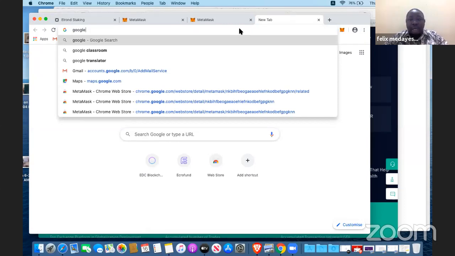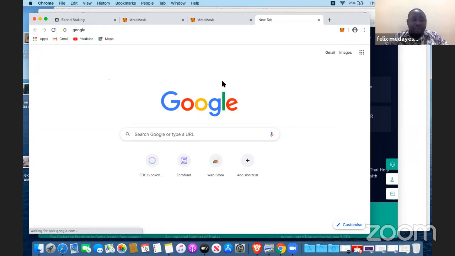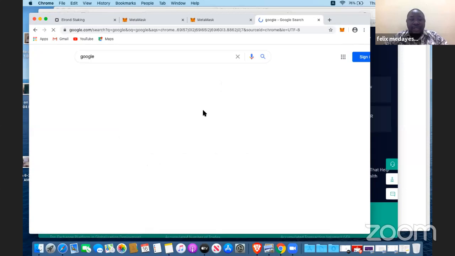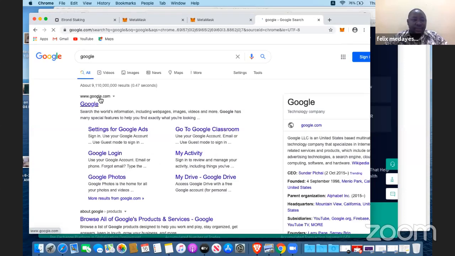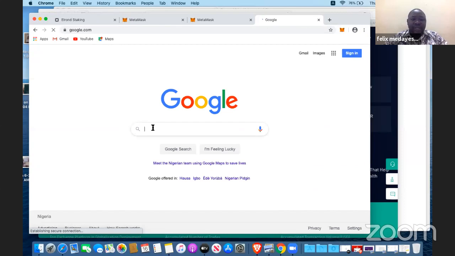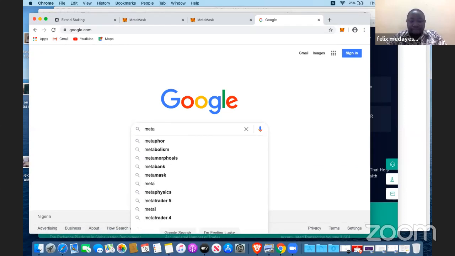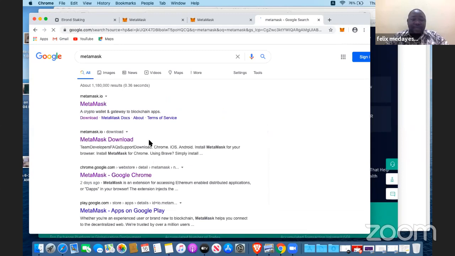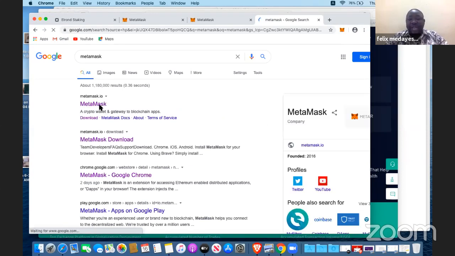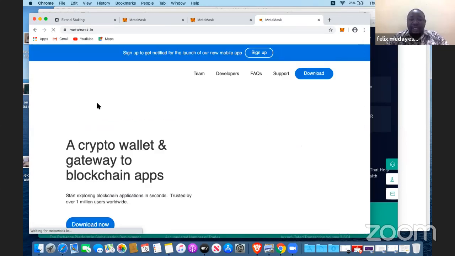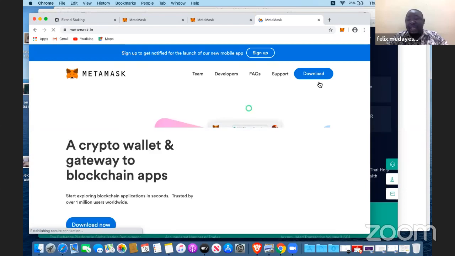When you go to Google, just type MetaMask. It's very simple to download. When you type MetaMask, it's going to come up this way, metamask.io. Just click on it and it comes up this way and says download.